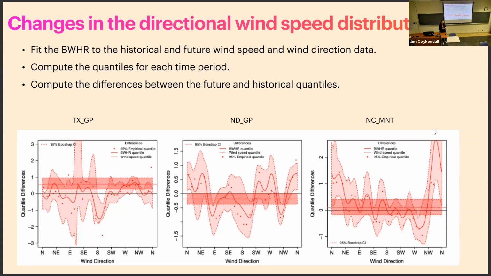We also look at the changes in the wind speed distribution. So we compute the differences in the future and historical wind speed distributions, and we plot these differences using the horizontal dotted line. And I would like to point out the third location, the North Carolina mountain area, where the horizontal dotted line is very close to 0, suggesting that there is not a significant change in the wind speed distribution.